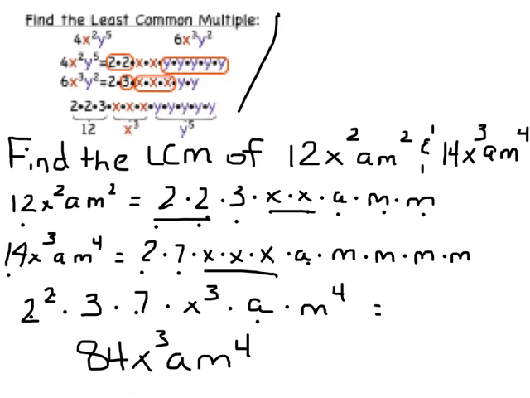A is once in both, and m here is used to the fourth. So when you multiply all that out, 2 squared is 4, 4 times 3 is 12, 12 times 7 is 84, and then simply x cubed a m to the fourth.